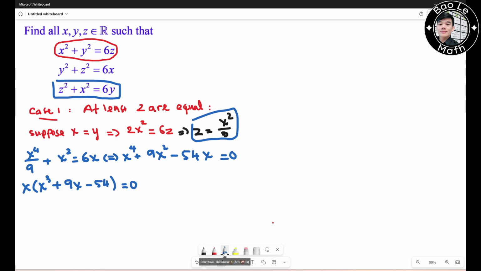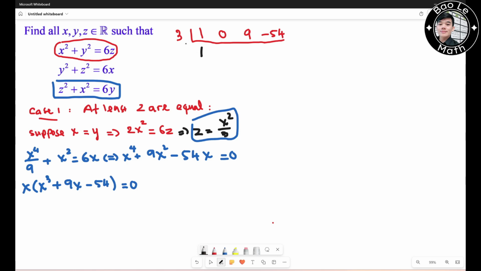Next, we're going to use the rational root theorem to factor this. By using mental math and the rational root theorem, I can identify 3 as a solution. So I use synthetic division. I put 3 right here. The coefficients are 1, 0, 9, and negative 54.